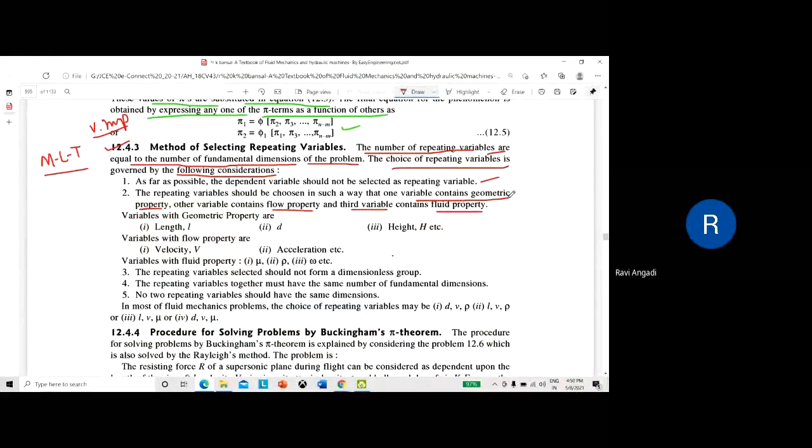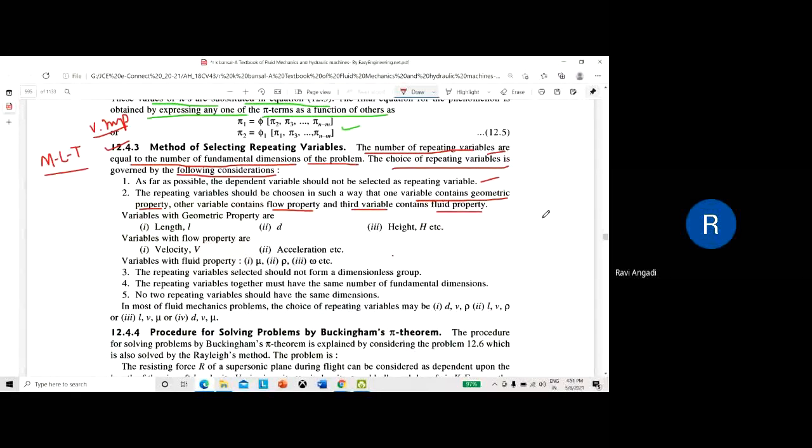So geometric property means what? The linear dimensions. How to choose? The repeating variable should be chosen in such a way that the first variable should have a geometric property, the second variable should have a kinematic or flow property, and the third is the fluid property or the dynamic property.